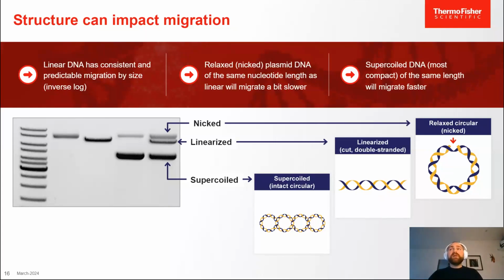And the supercoiled DNA, because it is the most compact, migrates the fastest. So you also should consider this when you're performing your nucleic acid electrophoresis, so you have the proper resolution and the proper separation when choosing the fragment, the agarose percentage, the buffer, as well as using the proper ladder, so you can differentiate which is which.